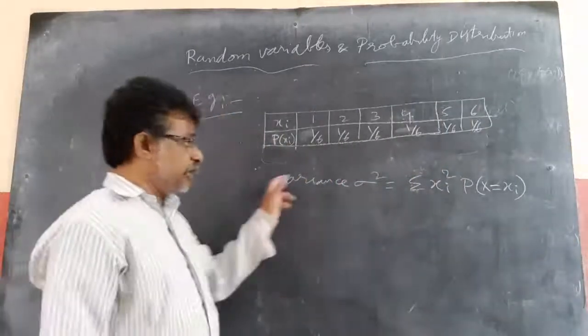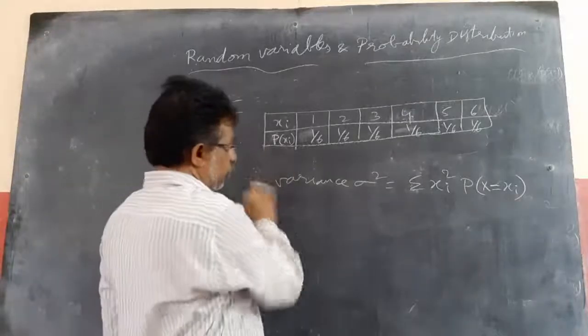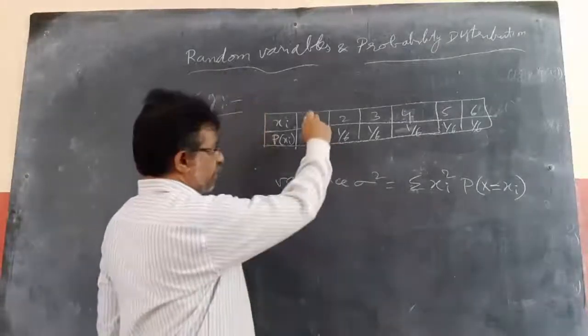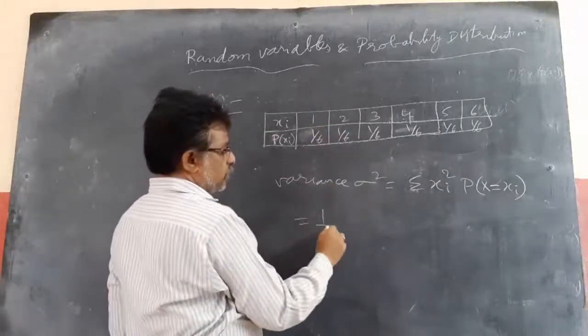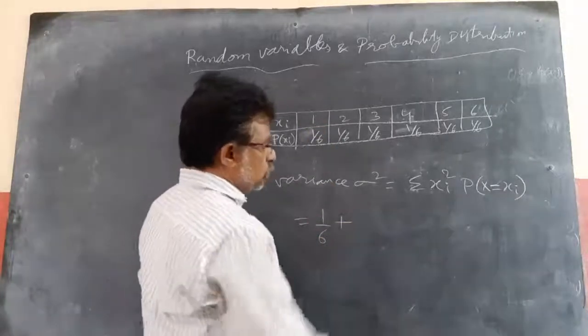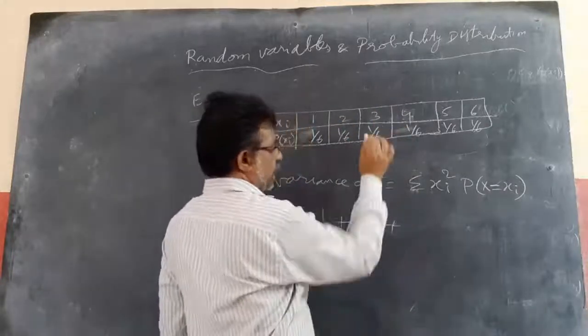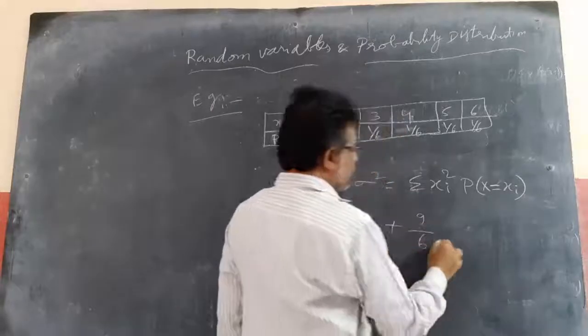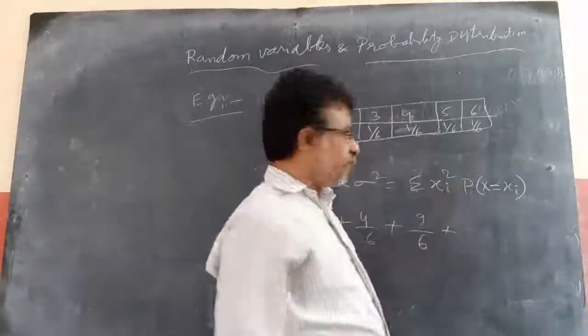Here also you can make one more column, or you can directly do it. Nothing will happen, you will get full marks, don't worry. So xi square means 1 square, 1 into 1 by 6, 1 by 6. Plus 2 square, 4 into 1 by 6, 4 by 6. 3 square, 9 into 1 by 6, 9 by 6. Squaring and then multiplying: sigma of xi square into P of xi.